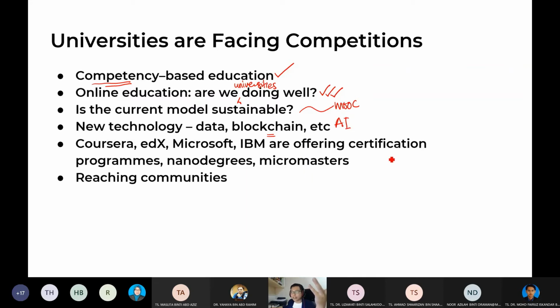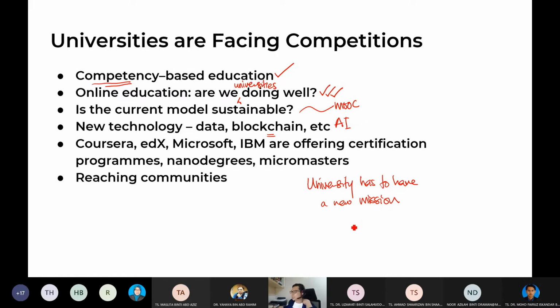They can do that, and also reach out to communities. Right now is the best time. Not everyone can enroll in universities, but it's time for us to reach them. So universities have to have a new mission. I'm just suggesting here.